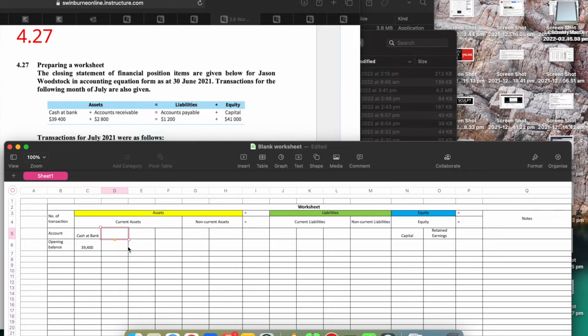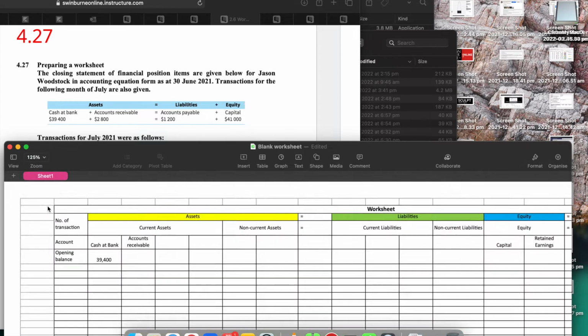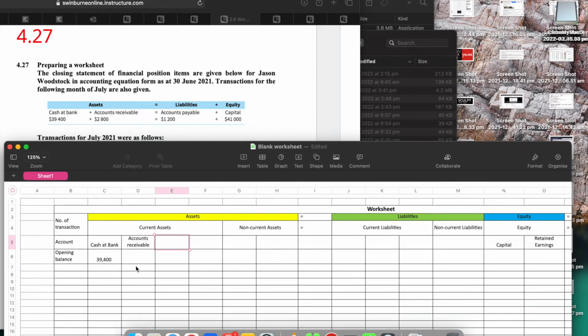So usually there's always the 30-day period term, so it's always classed as current assets. That's a good little one to remember. I might zoom this in, hopefully that makes it a bit easier. And our balance there is 2,800. It's not saying anything about non-current assets just yet.